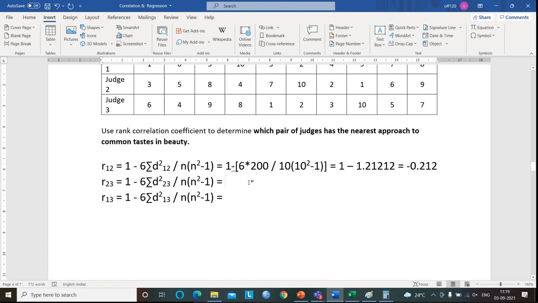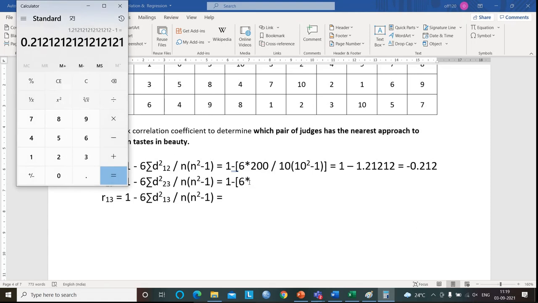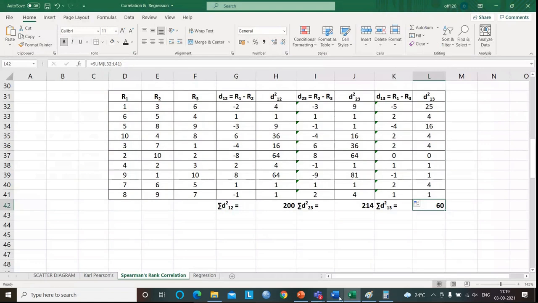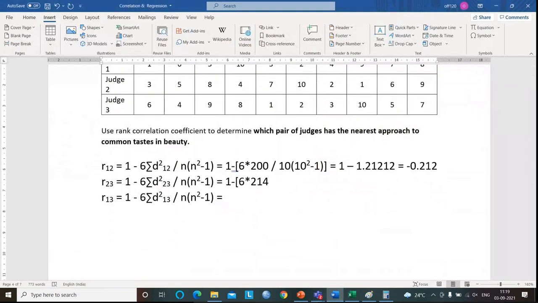Now similarly, the second one is 1 minus 6 into, what is the second answer we got here? It is 214, divided by 990. Instead of calculating all the time, I just directly substitute over here.